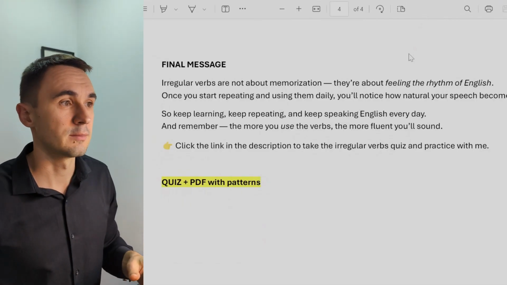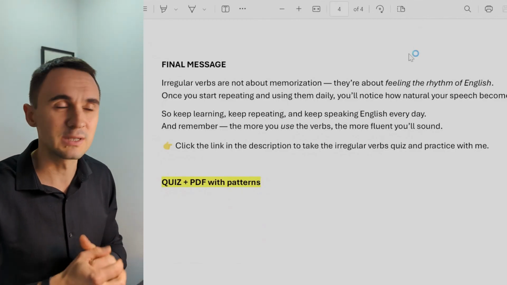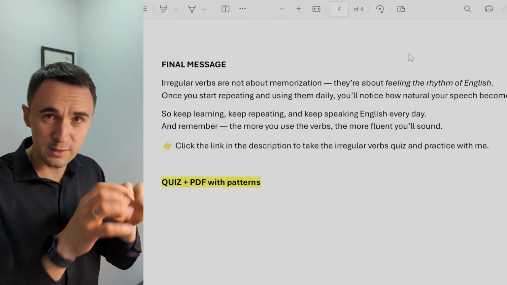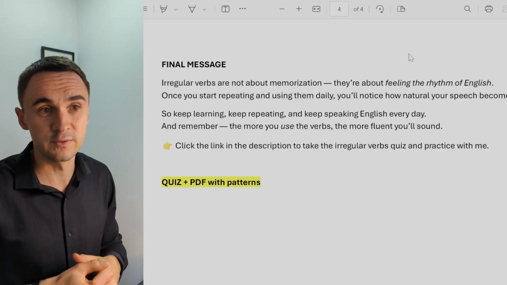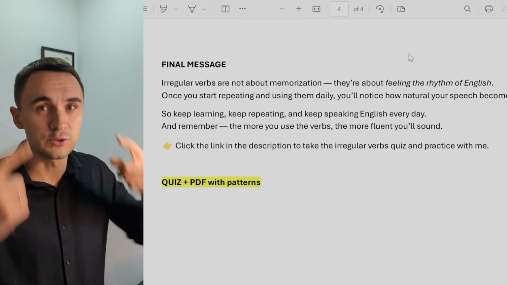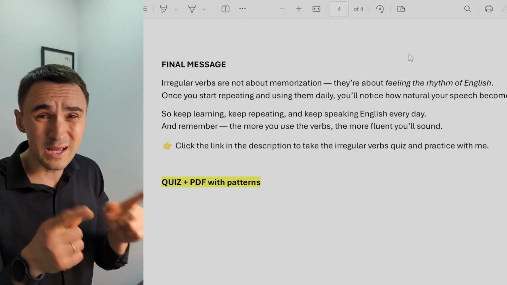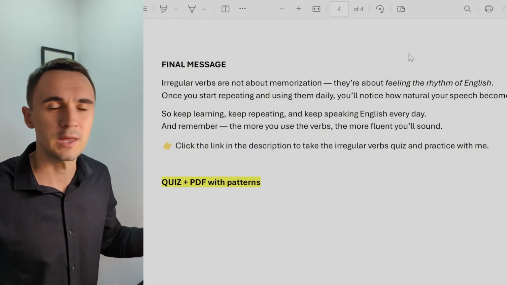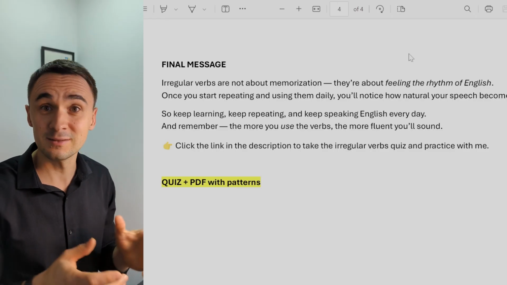Use the PDF and the quizzes. You can learn the spelling too because through quiz and through typing, you can actually learn the spelling. I didn't mention that, but it's obvious. Spelling is very important. You cannot imagine how many of my students knew the verbs, they knew how to say them, they knew how to use them, but when I asked them to type something, they made mistakes all the time. Why? Because they just didn't type anything.